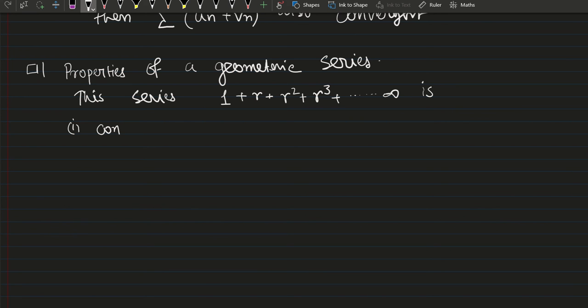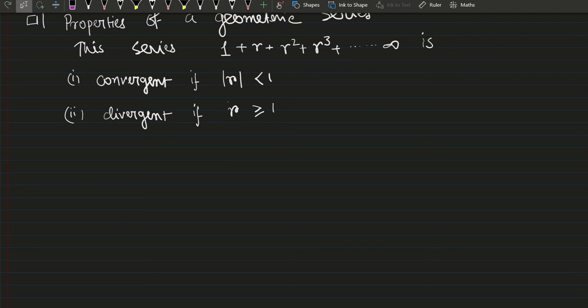So what is the condition of convergence? Convergent if modulus of r is less than 1, and divergent if r is greater than or equal to 1, and oscillatory.